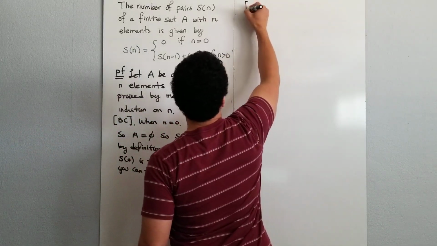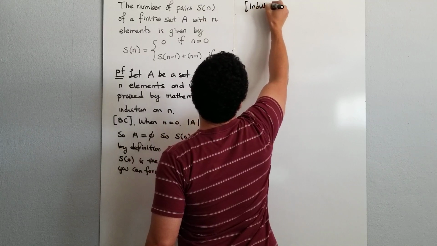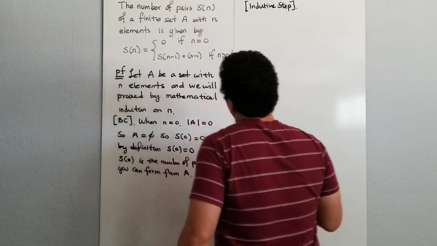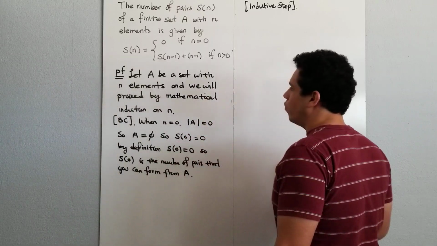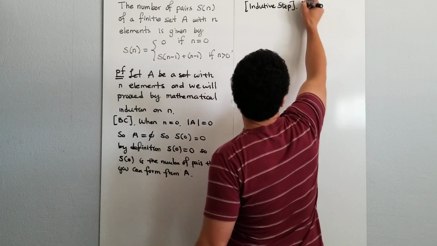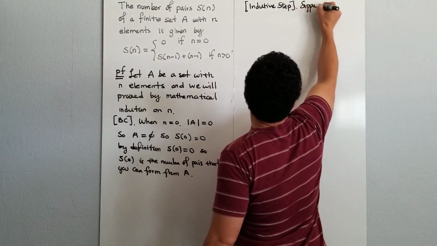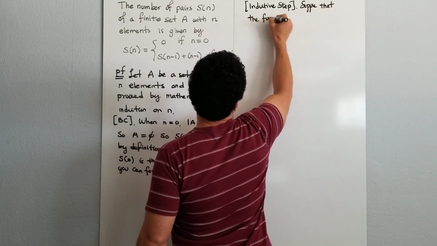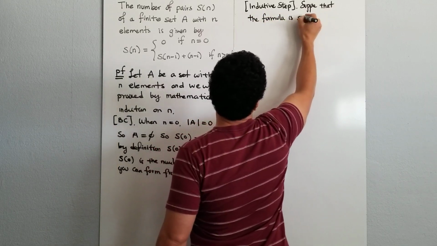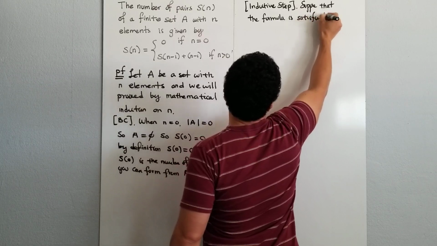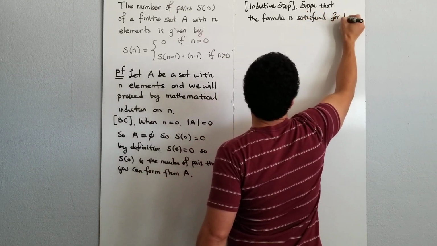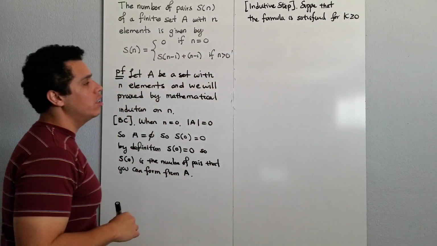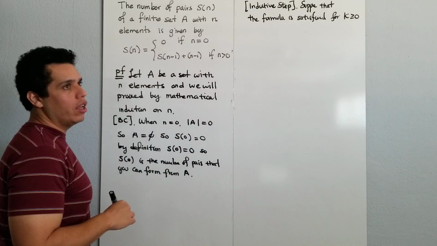Now, let's see. Inductive step. Suppose that the formula is satisfied for K, for K greater or equal than 0. We're going to demonstrate that it is true for K plus 1.